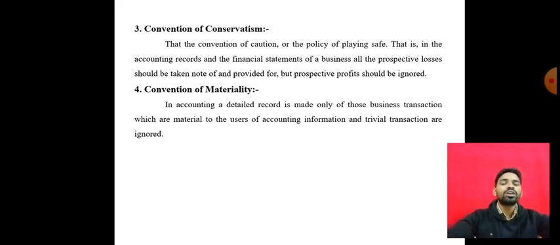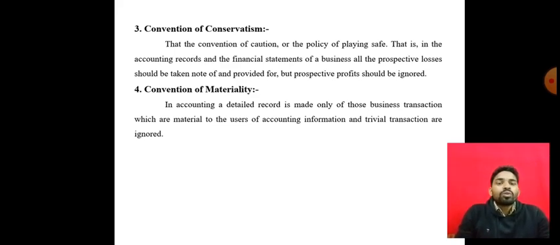Material means important or significant. These significant transactions are recorded in the books of accounts, and trivial transactions, which are not important or significant, are ignored. This is the convention of materiality.